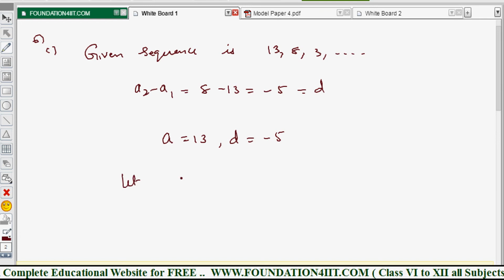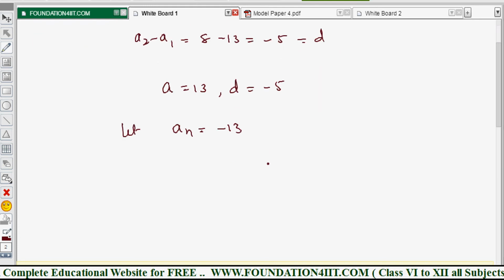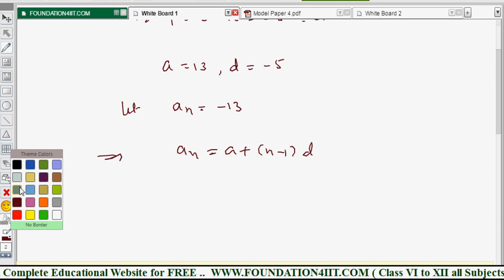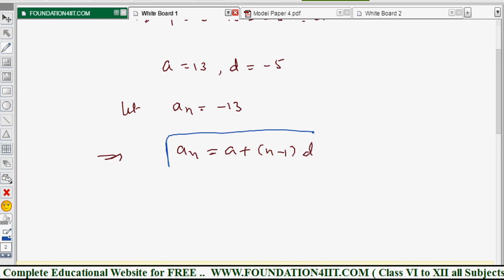We need to find out whether minus 13 is in the sequence or not. So let us take AN equal to minus 13. Then we'll apply the AN formula. AN is equal to A plus N minus 1 into D. In this formula, AN is equal to minus 13, A is 13, and D is minus 5.